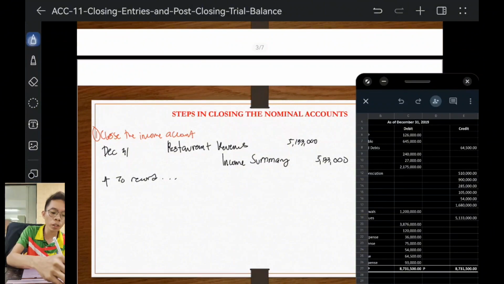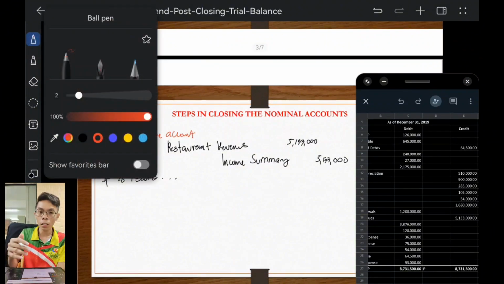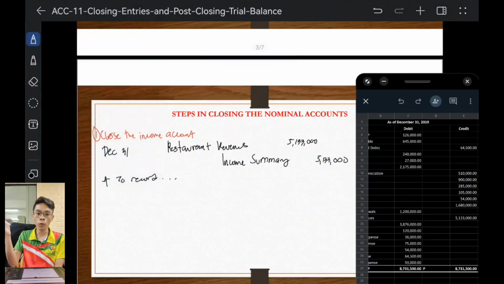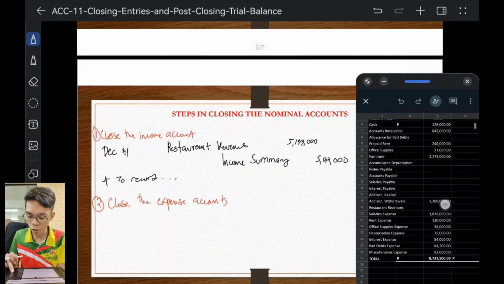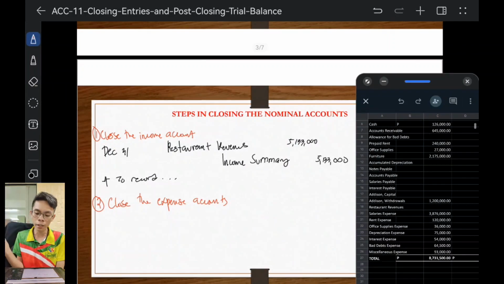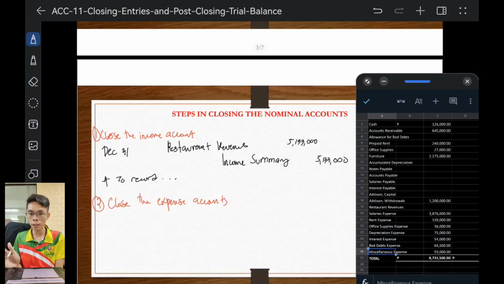The next thing that we need to close, class, will be the other nominal accounts, and that would be your expense accounts. So let us close the expense accounts. What do we have here in our expenses? We have salaries expense, rent expense, office supplies expense, depreciation expense, interest expense, bad debt expense, and miscellaneous expense.